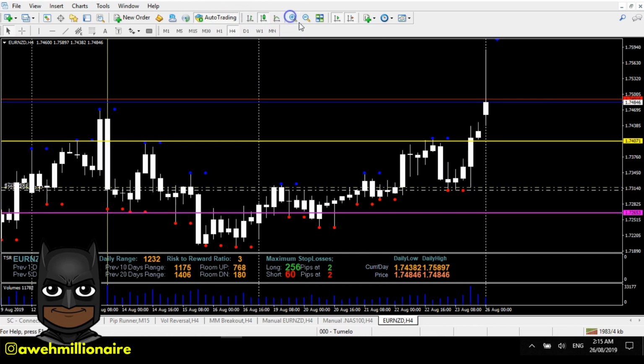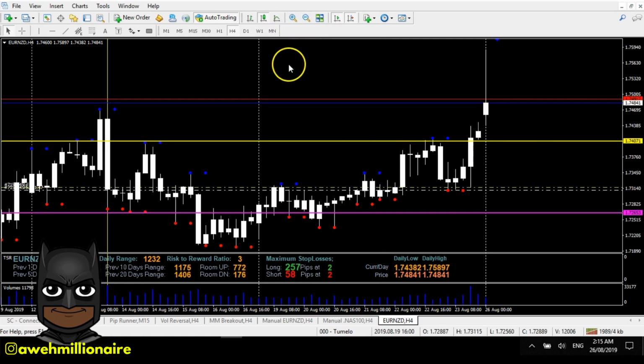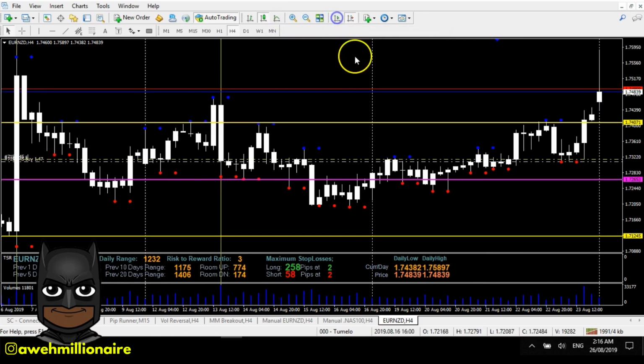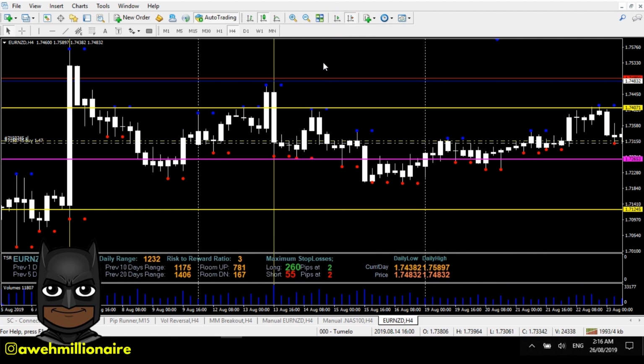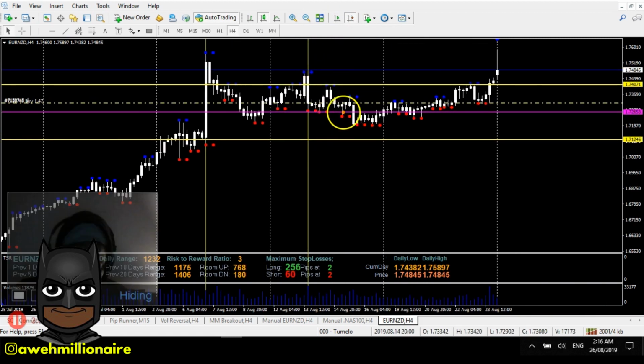Okay, so now let's start looking at the price action. What did the price action tell us? Price came down to test this previous resistance, now support.